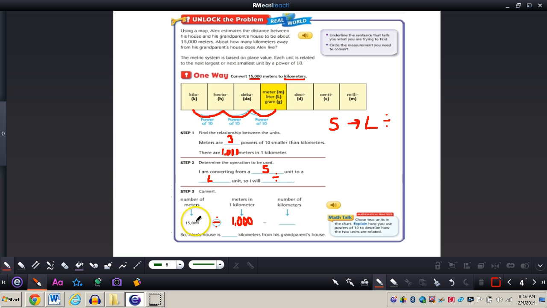So I take 15,000 divided by 1,000, and you can definitely use your calculator for this. We have 15 kilometers. So we can see that Alex's house is 15 kilometers from his grandparents' house.